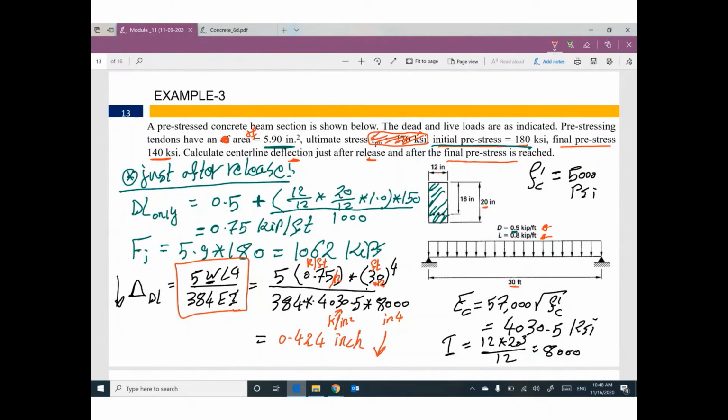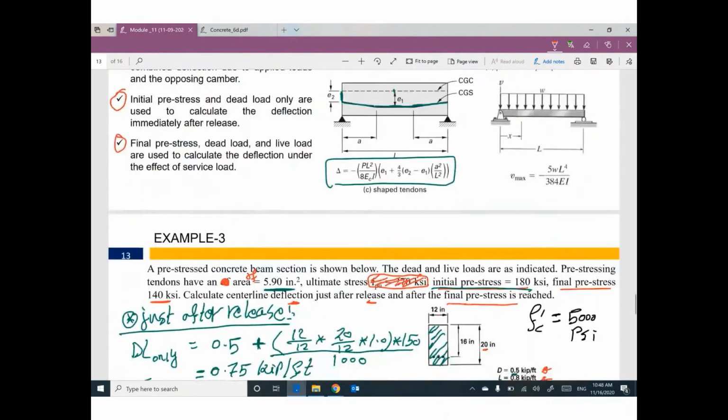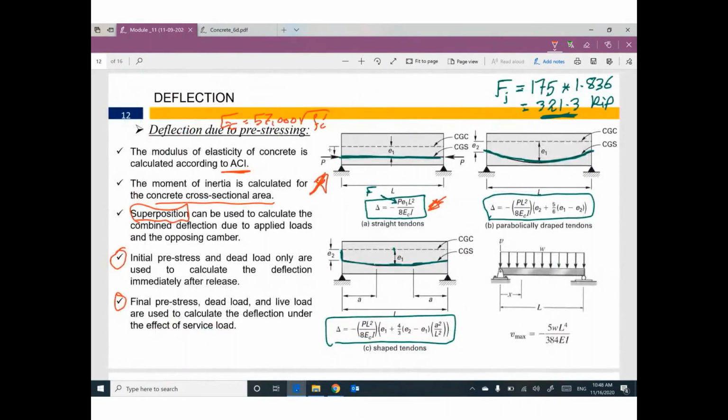Then, the profile for this beam is straight. If the problem didn't say anything related to the profile, that means we assume it's straight.